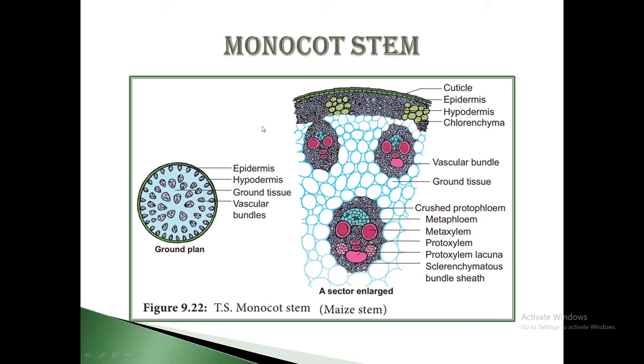In monocot stem there is no definite stele, because the endodermis and pericyclic region are totally absent. The vascular bundles are many in number and are usually scattered throughout the ground tissue, including the center region, so there is no pith and pith rays.